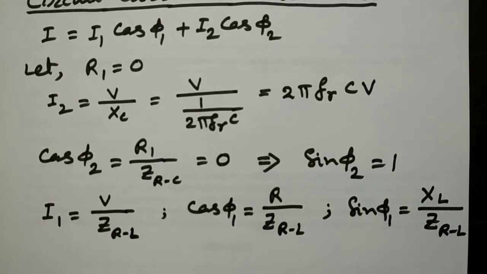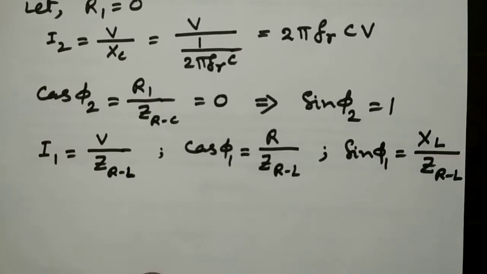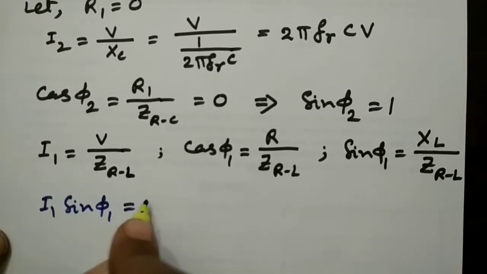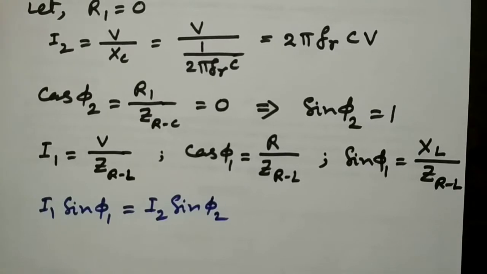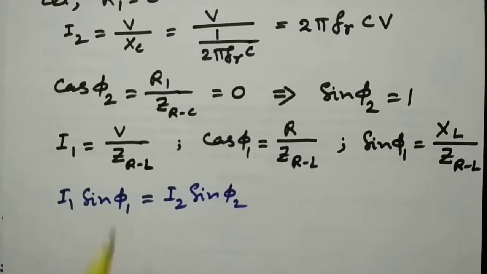Now recall the condition of resonance of a parallel circuit again: I1 sin phi 1 should be equal to I2 sin phi 2. Now put the values that we have written here.